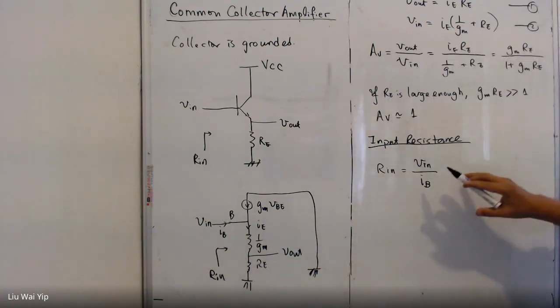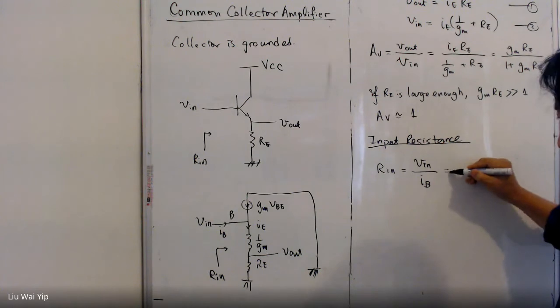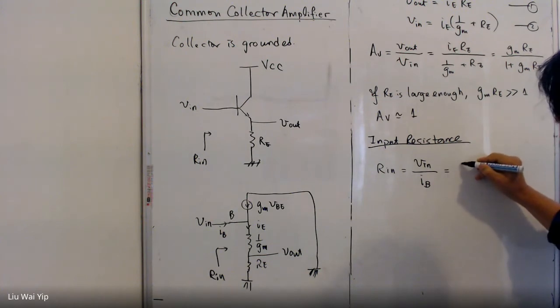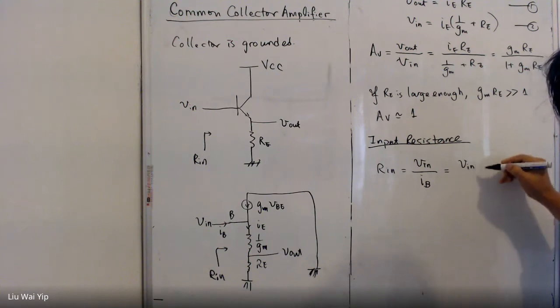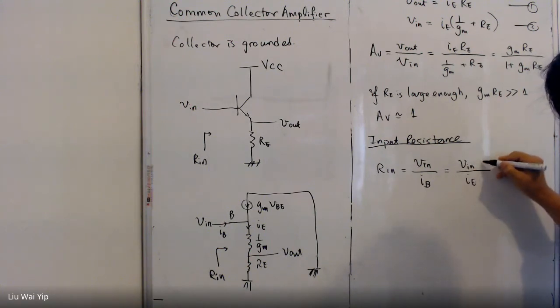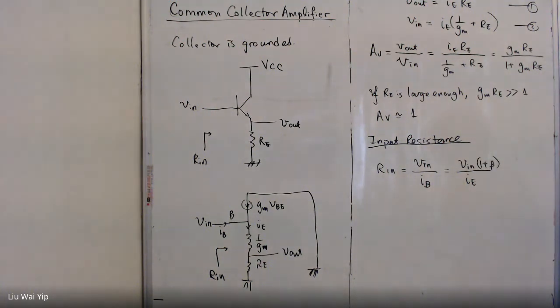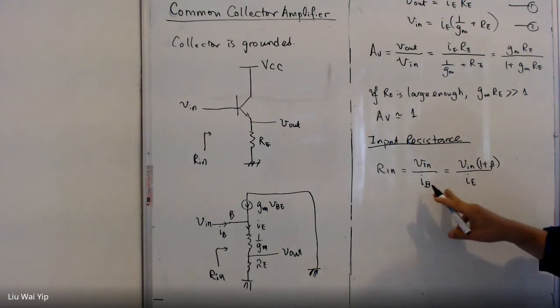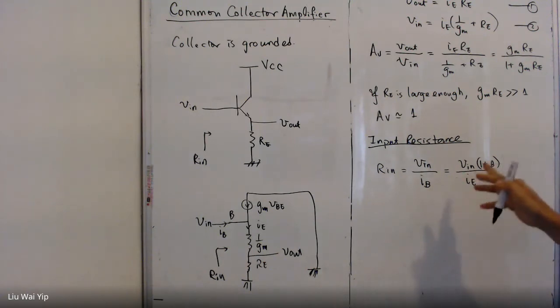And we can say that you can say IE and then 1 plus beta. We can use this way to find the equation.